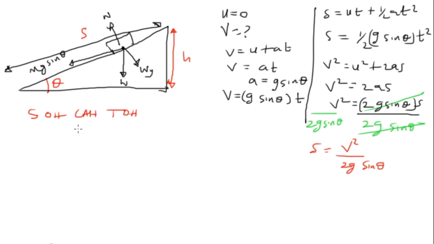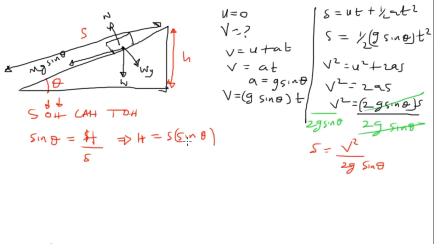So in SOHCAHTOA, the sine of theta is equal to opposite, which is h, upon the hypotenuse, which is s. It implies that h, which is the vertical height, is equal to s sine of theta.